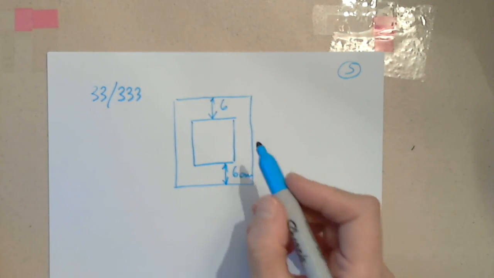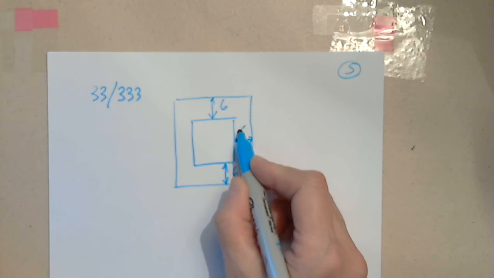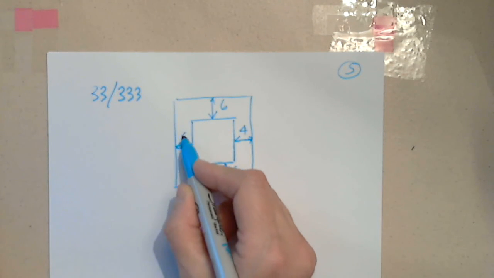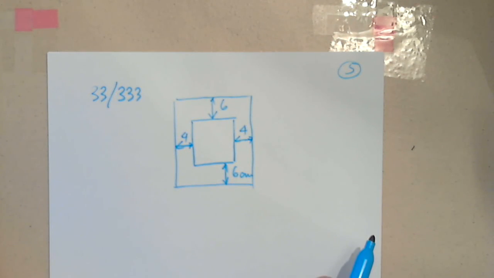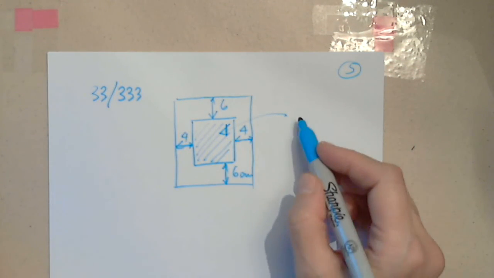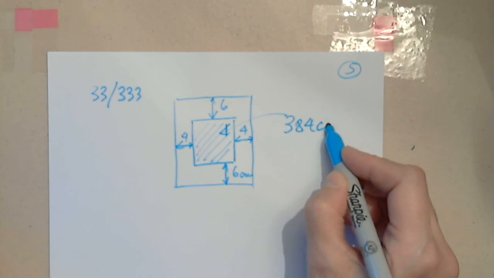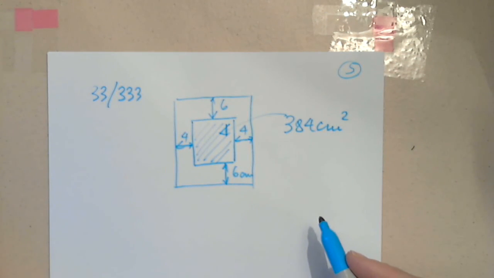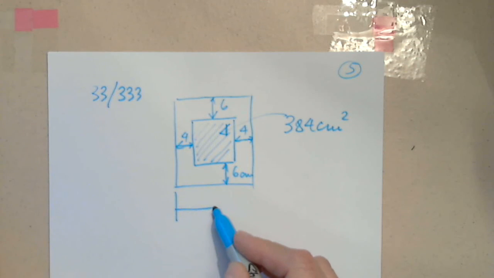And the side margins are 4. If the area of printed material on the poster is fixed at 384 square centimeters, find the dimensions of the poster, these dimensions.